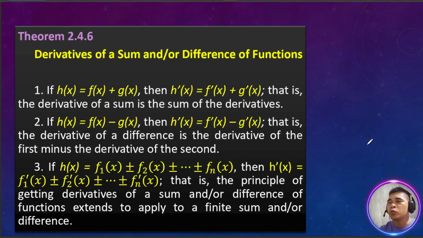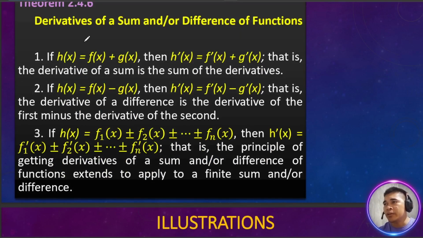Now, theorem 2.4.6, derivatives of a sum and or difference of functions. So we have, if h of x is equal to f of x plus g of x, then the derivative of h of x is equal to the derivative of f of x plus the derivative of g of x. That is, the derivative of a sum is the sum of the derivatives.